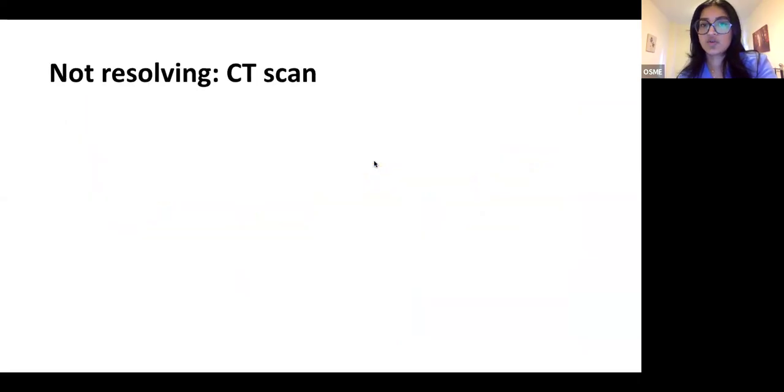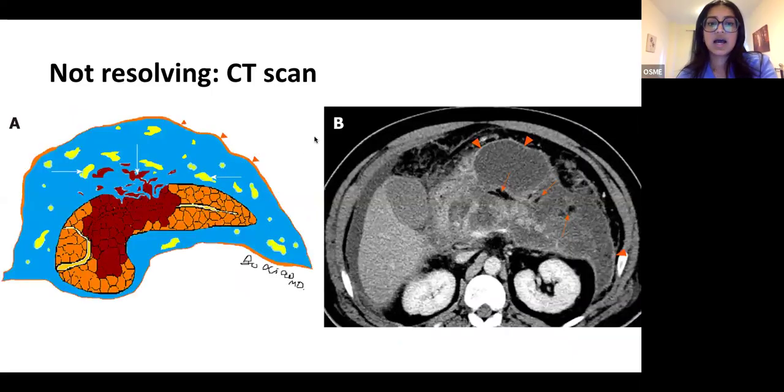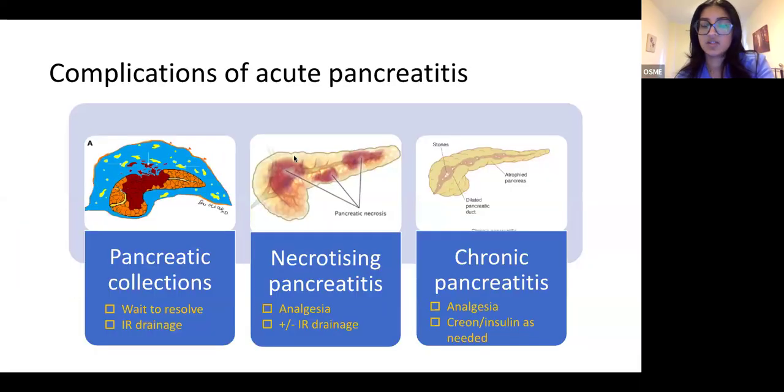And if it's not resolving, then this is when you'd want to do a CT scan to see if there are any structural problems with the pancreas. And you might see a collection around the pancreas, which might then need to be drained under interventional radiology. If it's necrotizing as well, you might want to consider drainage, but definitely analgesia.